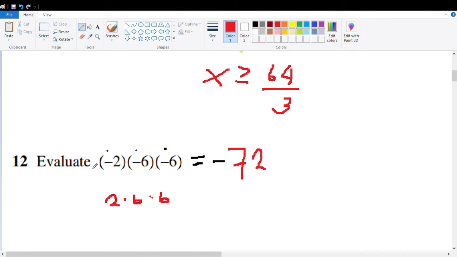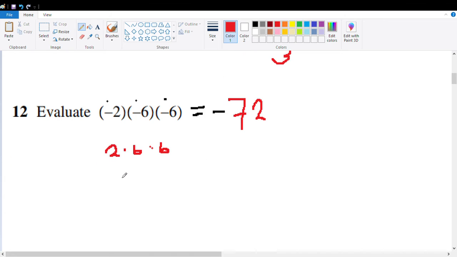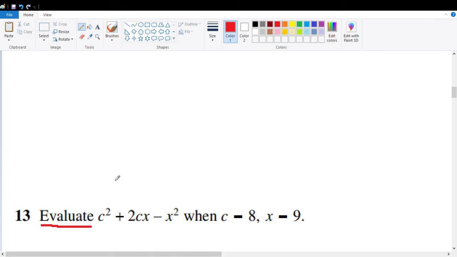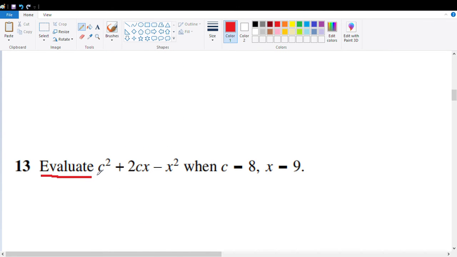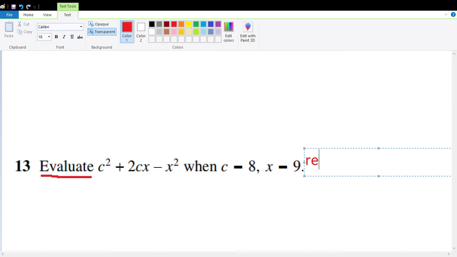Again, evaluate basically means just solve it, or compute it. But when variables are included, first thing first, rewrite the expression.